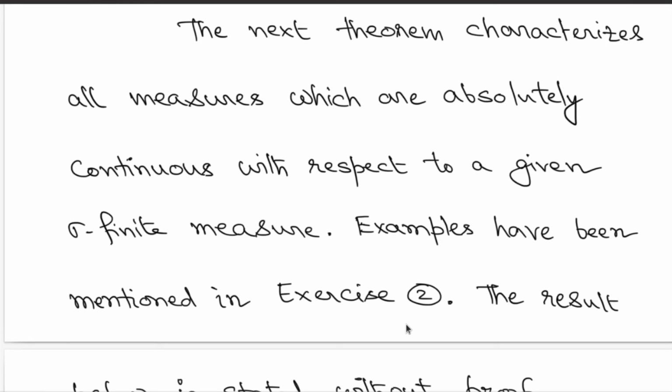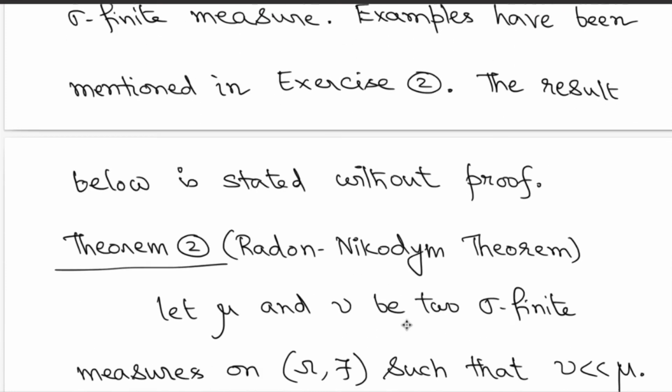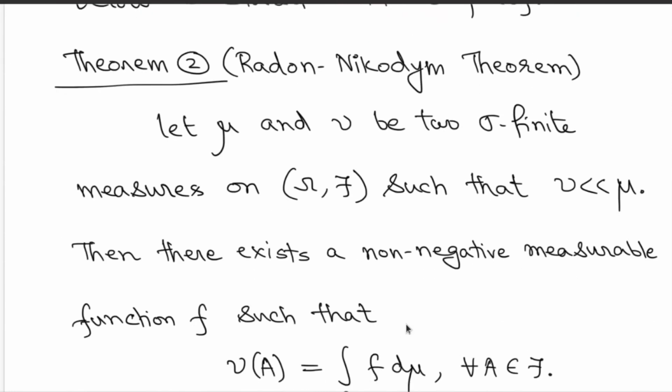Now these are some examples at hand. Now we would like to say, are there any other examples of absolutely continuous measures with respect to mu? That is what we are trying to understand. And the next result says that these are all the things.